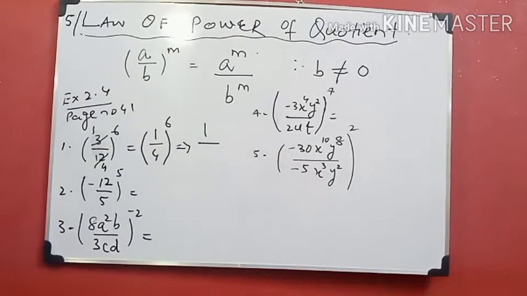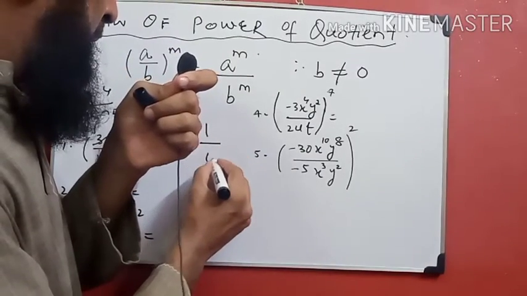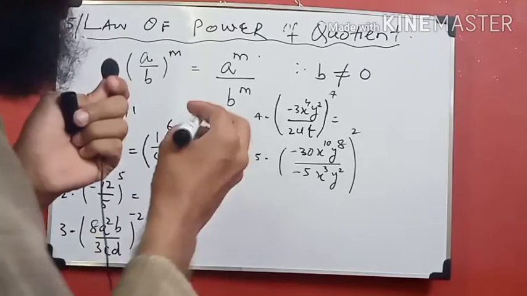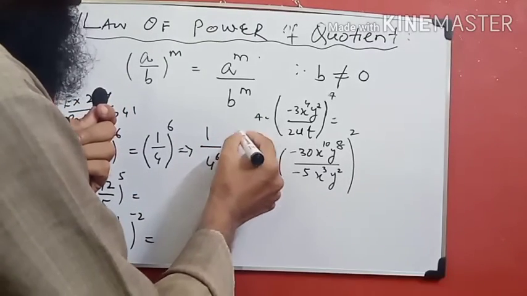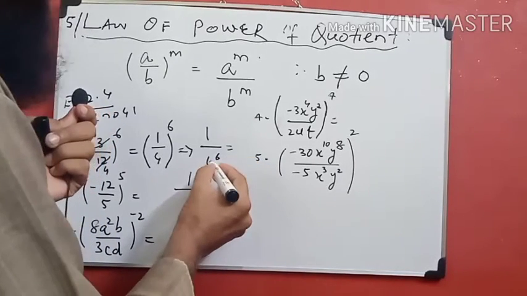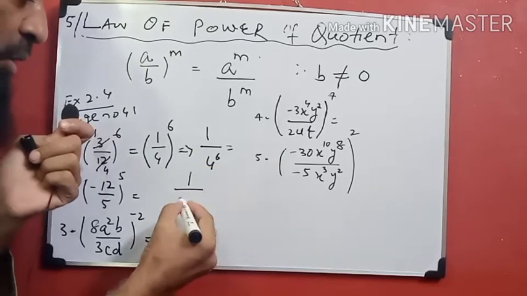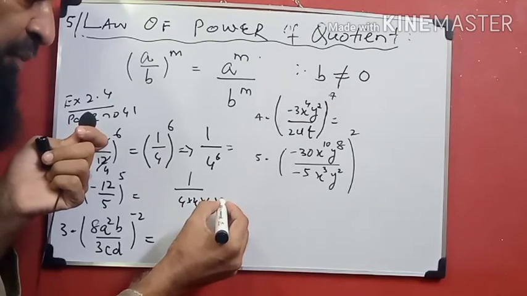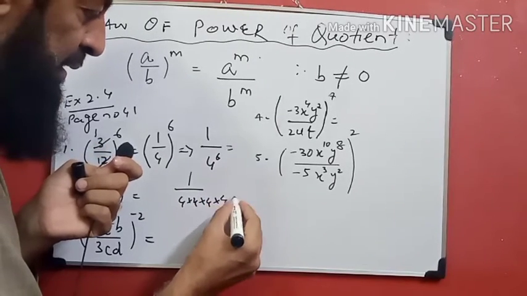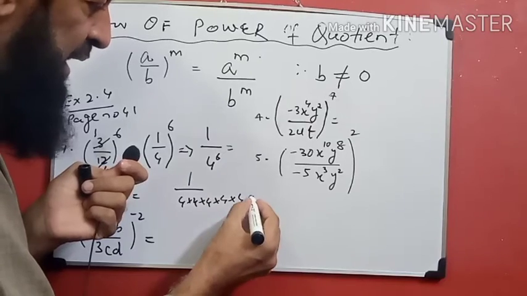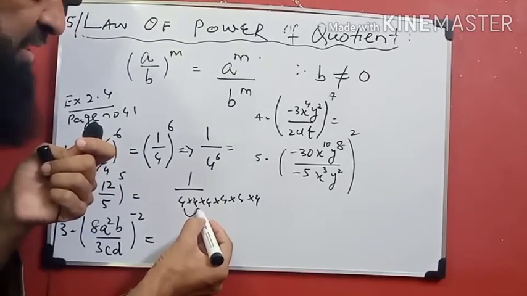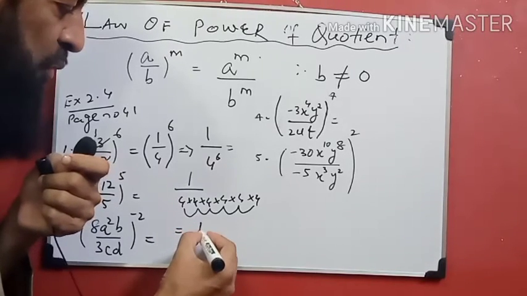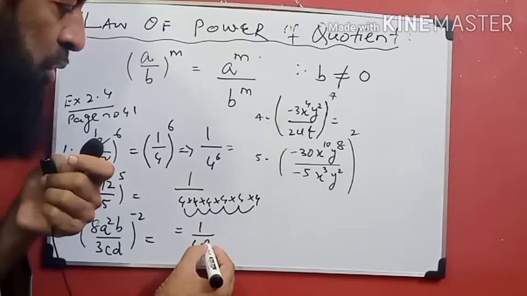And 4 has the power 6, that means 4 multiplied by itself 6 times. 4 fours are 16, 16 fours are 64, 64 fours are 256, and so on: 4 multiplied by itself 1, 2, 3, 4, 5, 6 times. Now the answer comes as 1 upon 4096.